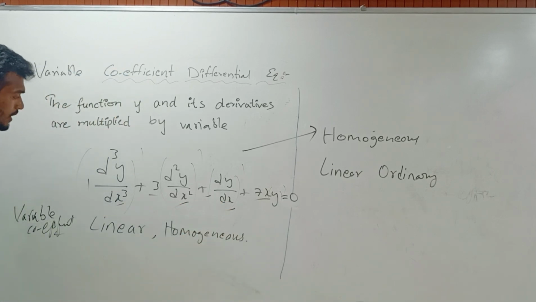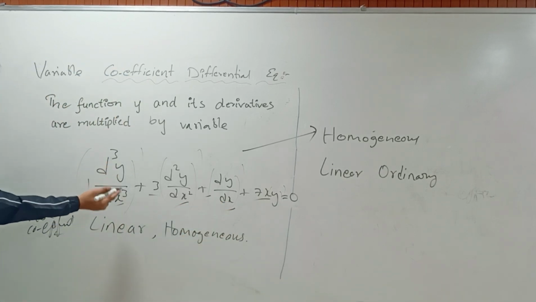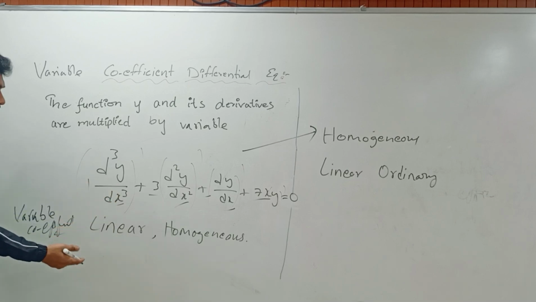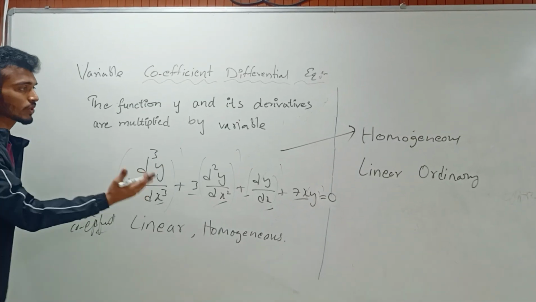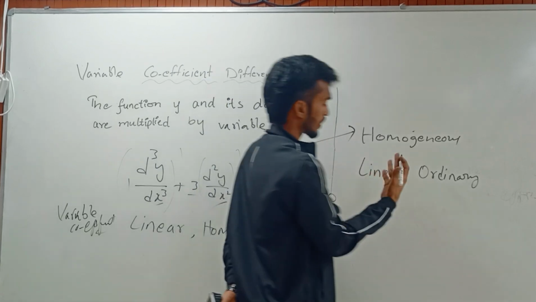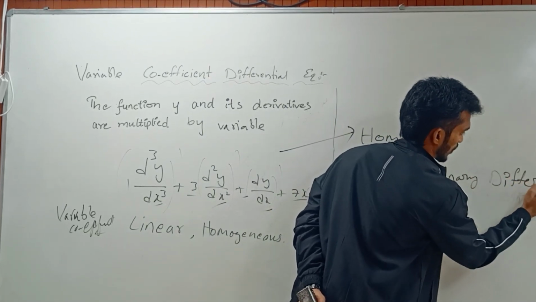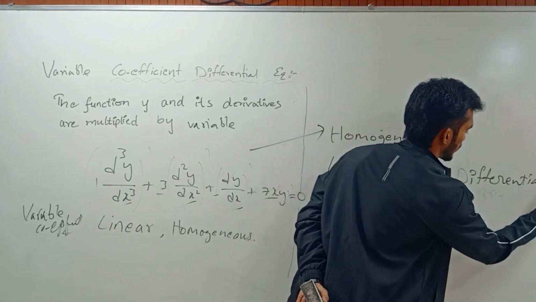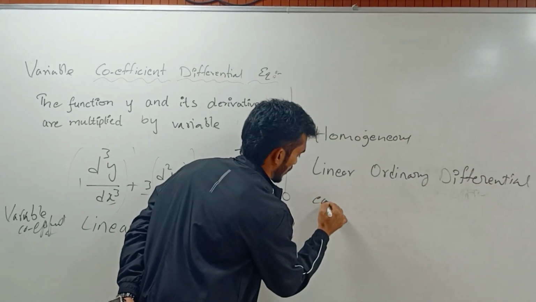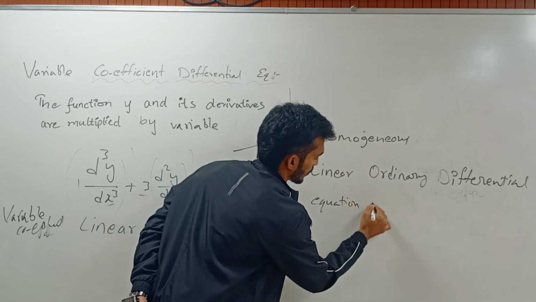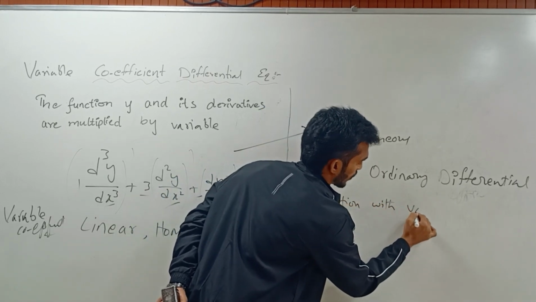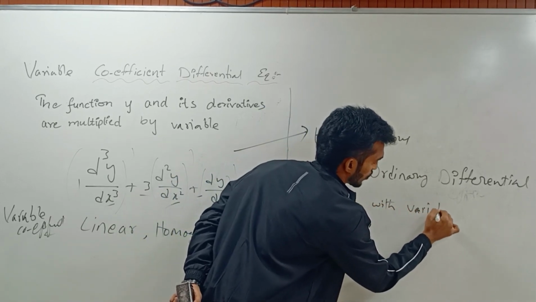We are differentiating the dependent variable y with respect to only one independent variable throughout the whole equation. So it is known as an ordinary differential equation. Linear ordinary differential equation with variable coefficient.